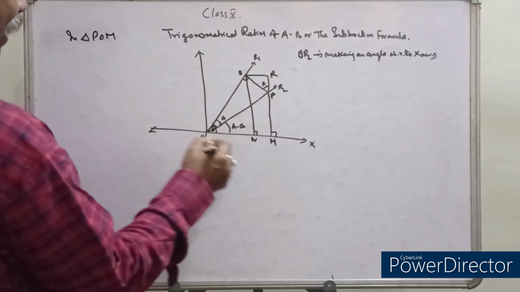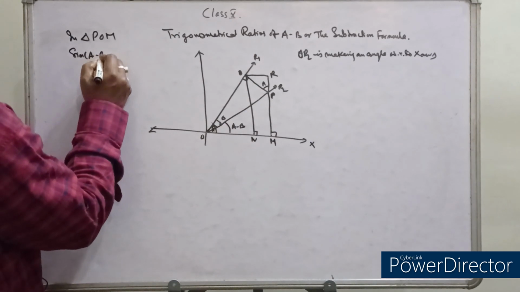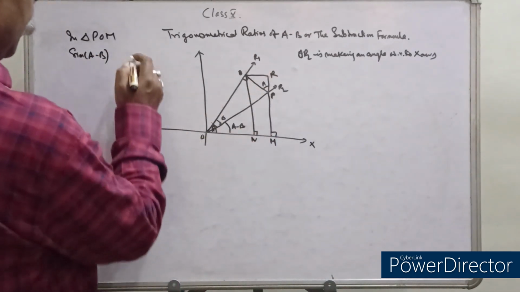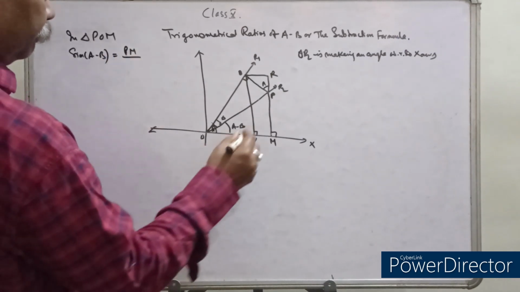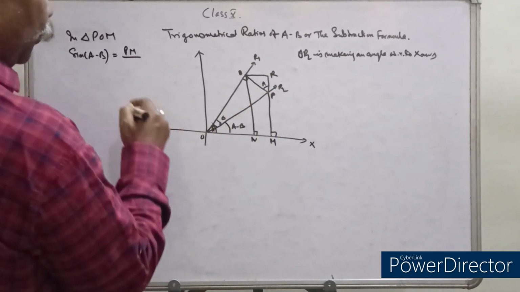In triangle POM, sine of A minus B will be perpendicular by hypotenuse, that is PM by OP.